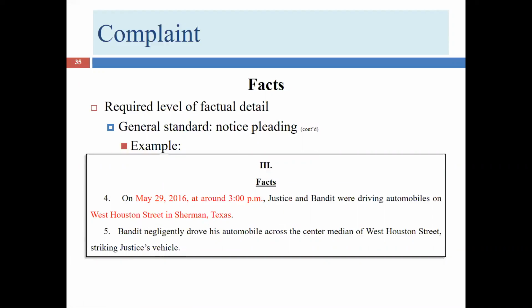So here's an example of how we might have the facts section. On this particular date, and again, you won't actually have this, you'd have all this be in black ink. But on May 29, 2016, by the way, notice the use of the traditional date mechanism. We don't want to put THs, whether it's superscript or not. We don't want to say the 29th of May.